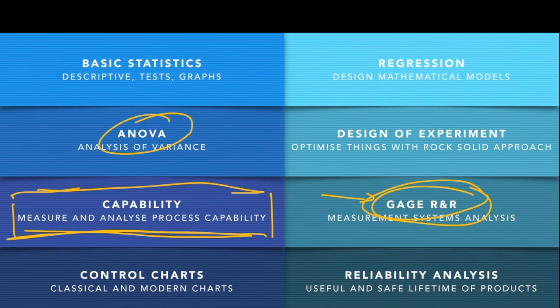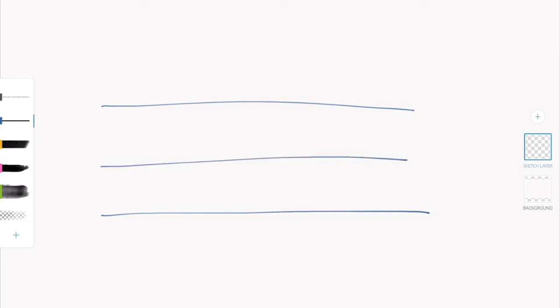Then we have control charts. Control charts are a set of graphical tools based on solid statistical ground that are used to control the quality of your process. Basically, in a control chart, you have three horizontal lines.